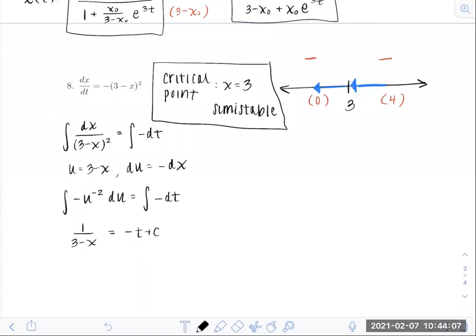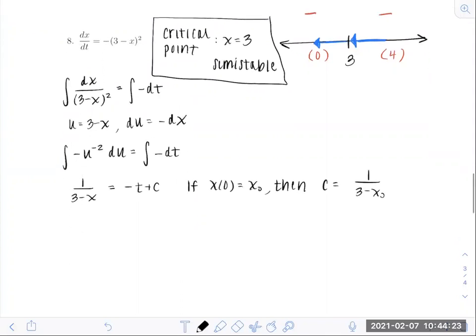Here again, let's go ahead and solve for c. So if x of 0 is some generic x naught, then c is going to be 1 over 3 minus x naught. So we can go ahead and plug that in. I have 1 over 3 minus x equals negative t plus 1 over 3 minus x naught.